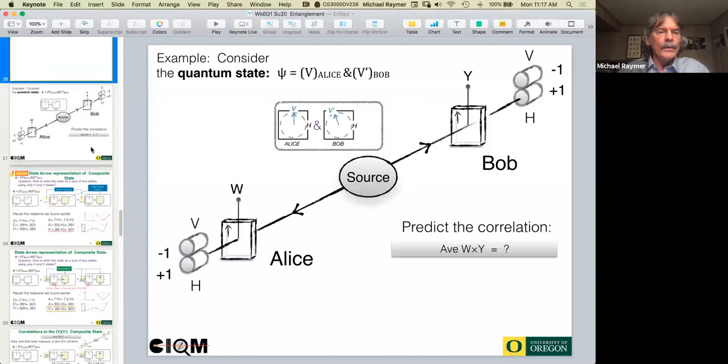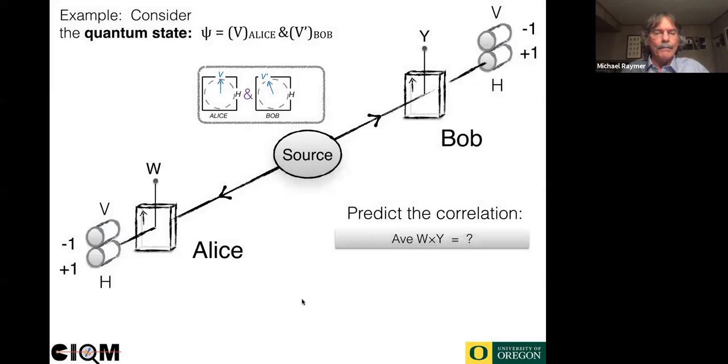And so we were talking about this example here as a supposedly very simple example. The reason it's simple is because we're just measuring in one scheme, namely the HV scheme. Notice that Alice's state is in a definite state relative to the HV measurement.